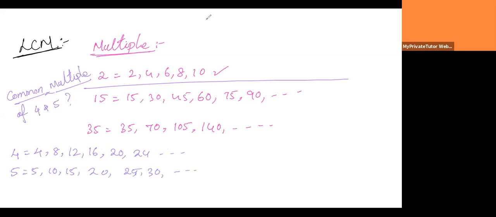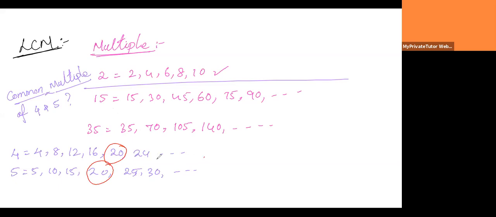I think we can stop there. Please check whether we have any common multiple. We have a 20. For example, if you take 15 and 35, we don't have any so far, which means we just need to extend the table. We extend the multiples until we get the common one. But here we got 20. So that is the common multiple.